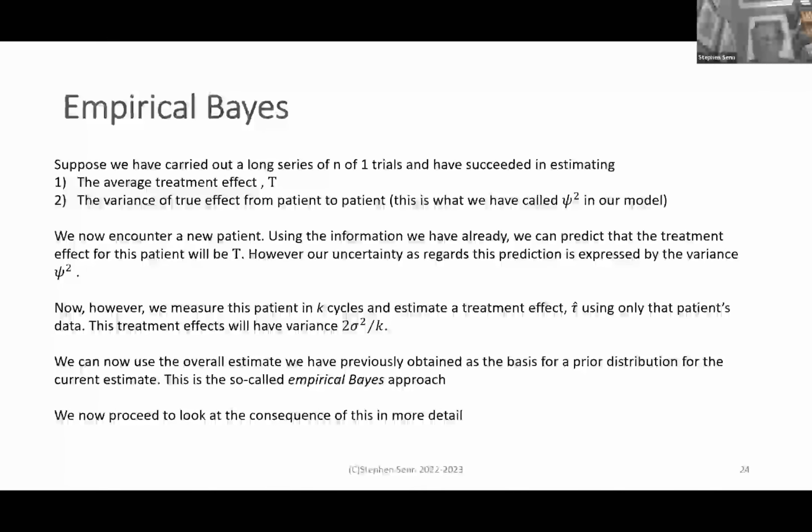Now we encounter a new patient. We want to tell this patient something about what their long-term expectation is if they take treatment B rather than treatment A, the expectation of the difference it will make to them, and also how certain we are about this.